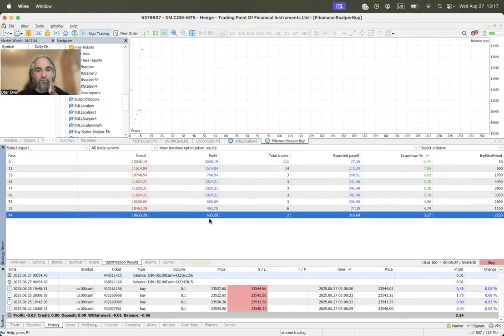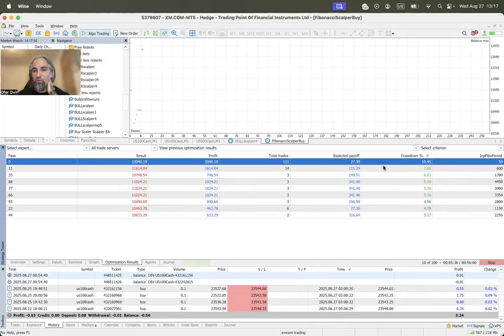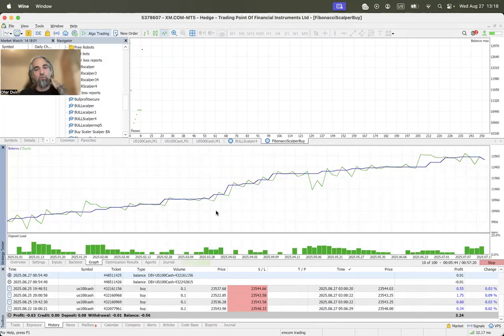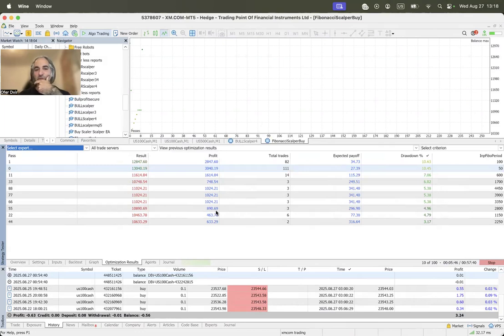So half a year, 600. Did 2 trades because the Fibonacci period was 2000. So we could say this one is a more in between good situation, but you can always play with all the different settings.